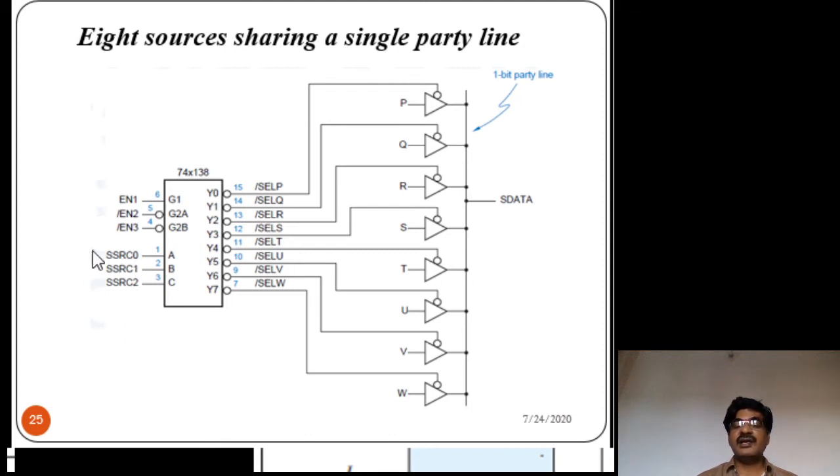Suppose you apply 111 at the decoder input, that is 7. Which output of the decoder will be active? Y7. The other outputs are inactive. Hence, except the W tri-state buffer, all other buffers are inactive. Therefore whatever data is there on W is transmitted through this bus to the next units.